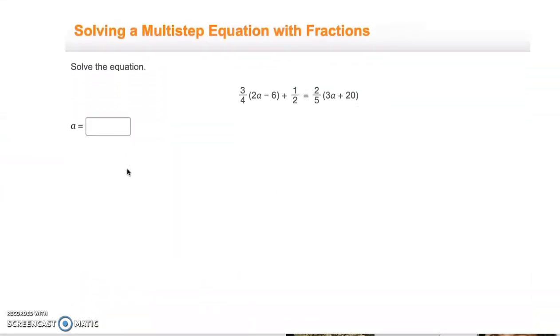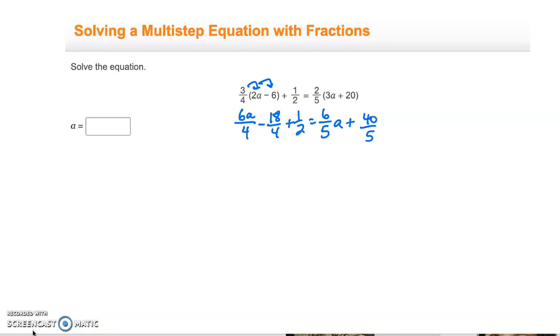All right, let's practice this one. I'm going to walk through this one with you because it's a fraction. So we're going to go 3/4 times 2a. We're going to distribute these. So I've got 6a over 4 minus 18 over 4 plus 1/2 equals 6/5 a plus 40/5.